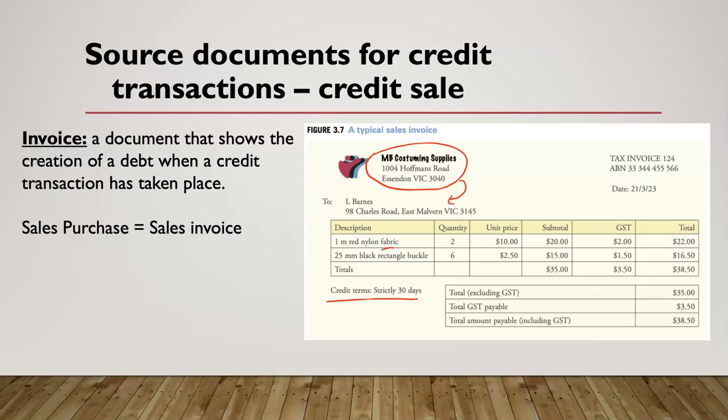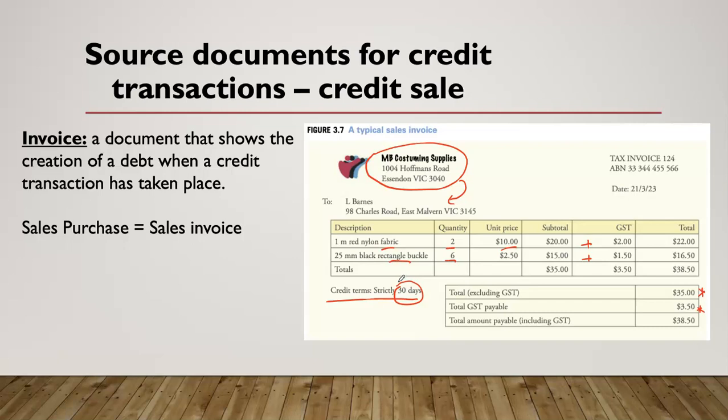Some fabric, 2 of them, at a cost of $10 each, so $20 plus $2 GST. And I've sold 6 buckles that I sold for $2.50 each, so $15 plus GST. I have made a credit sale of $35 plus $3.50 GST, and I expect this customer L. Barnes to pay it back in 30 days.